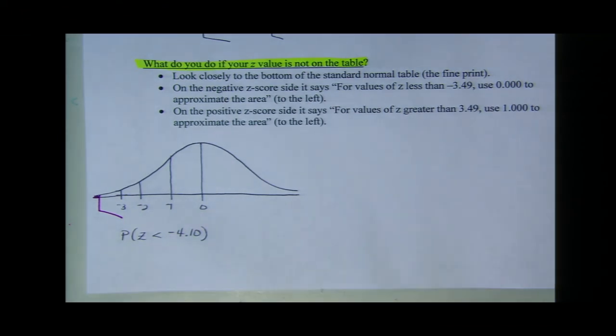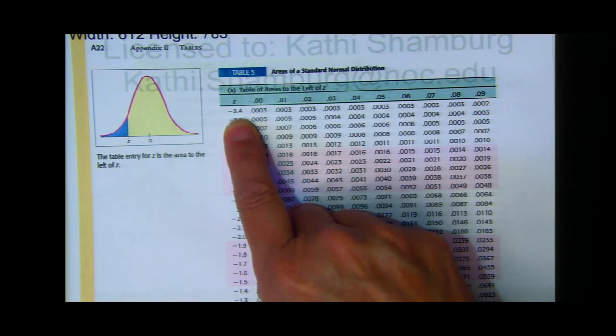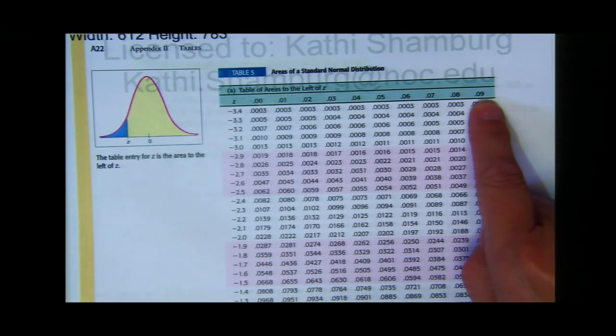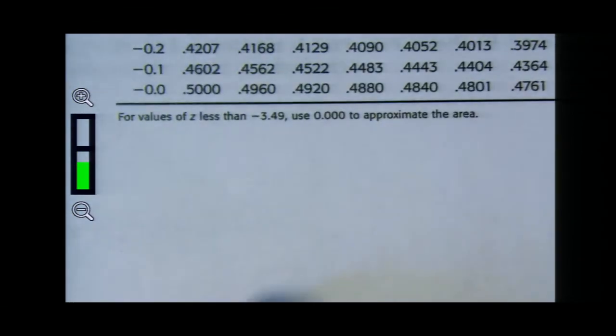So I'm going to go to the negative z table, and I'm going to look for -4.10. Well, -3.49 is the smallest number. So what do we do? Well, this is where you need to look at the small print at the bottom of the table.